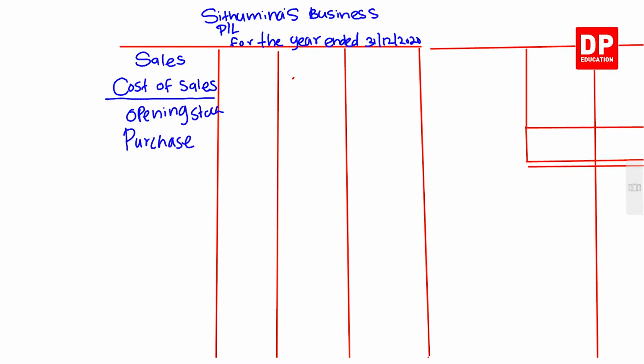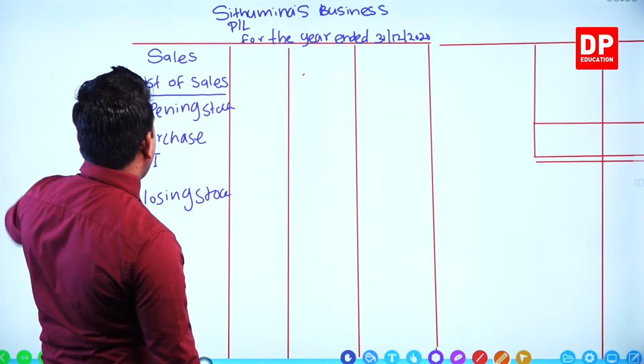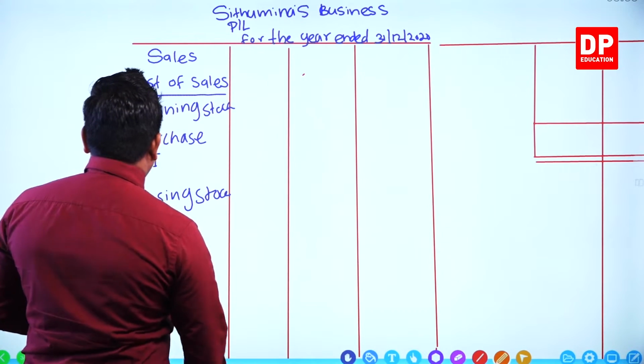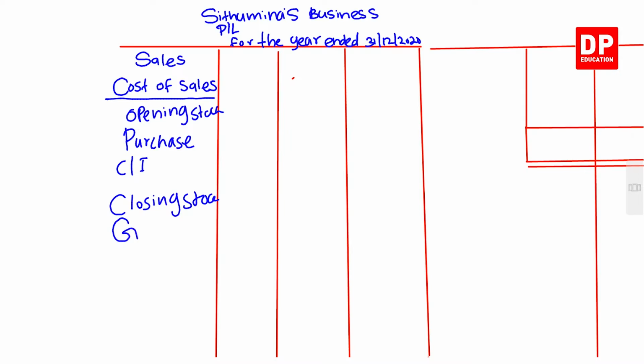Purchase. Then purchase related expenses, it is only carriage inwards. After that, adding this all, we write closing stock. Then you can see the cost of sales. No need to repeat it again, because on the top we have written cost of sales. Then finally gross profit.